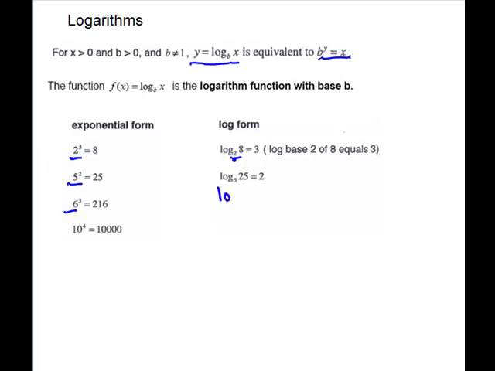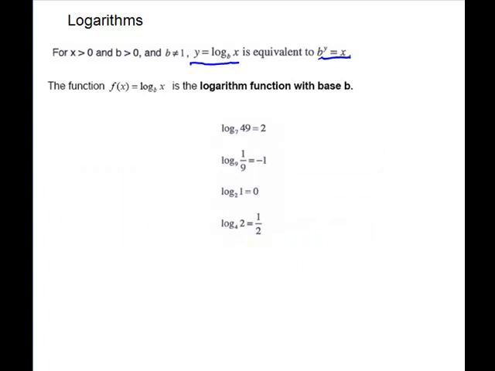So we'll have log, our base is the same, so log base 6 of 216 equals 3. The next one, our base here, 10 to the fourth equals 10,000. To switch to logarithm form, we have the log base 10 of 10,000 equals 4.